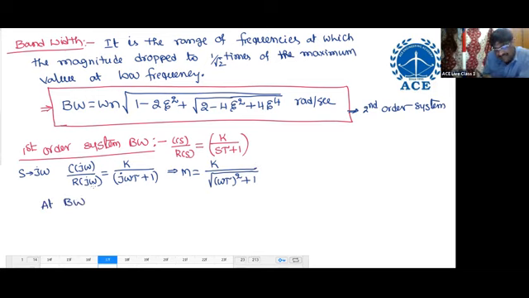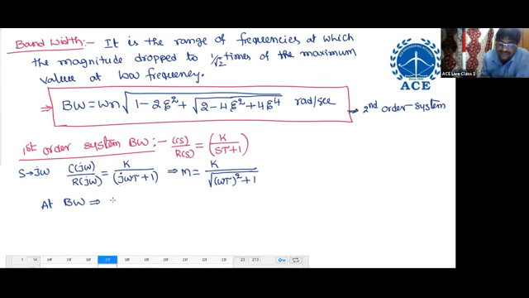Even for the second order, bandwidth we got the same way. We write the magnitude for the second order system and make it equal to 1 by root 2. This is the equation like minus b plus or minus root of b square minus 4ac. Based on that we got it because it is second order.